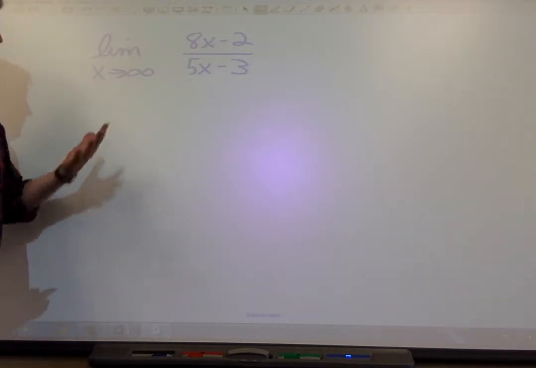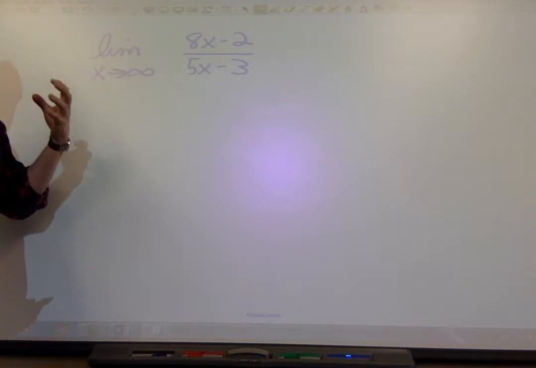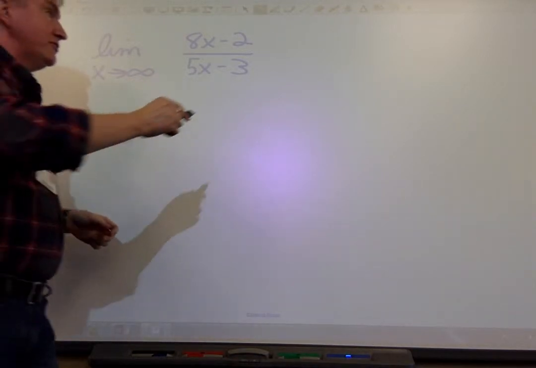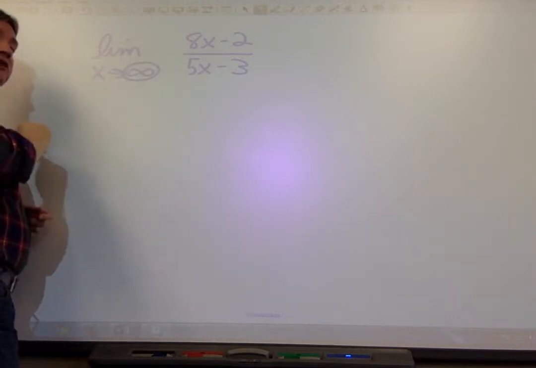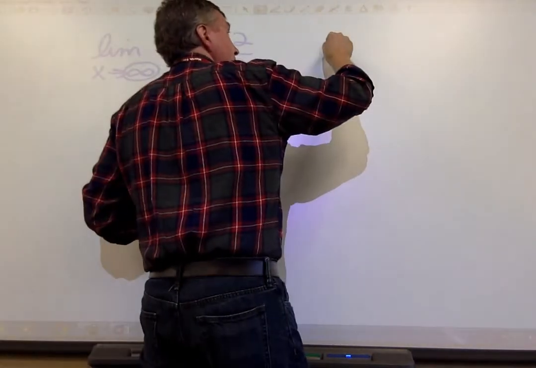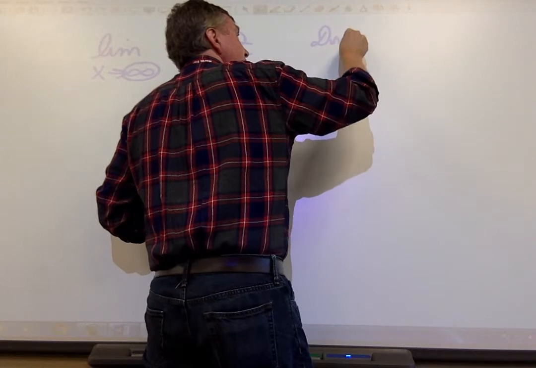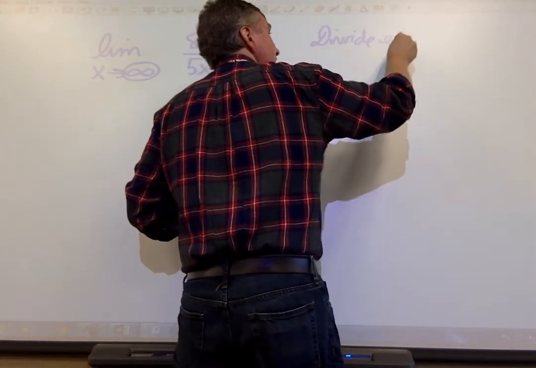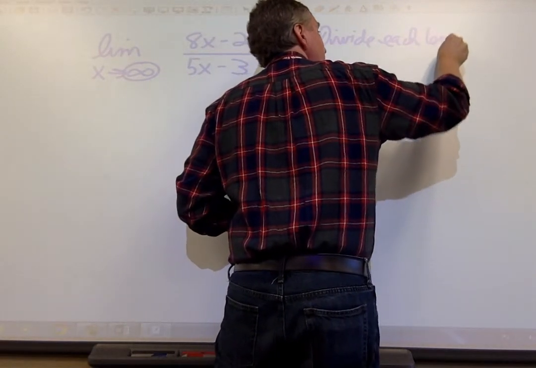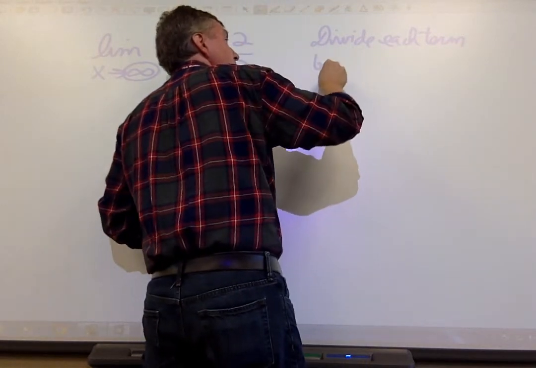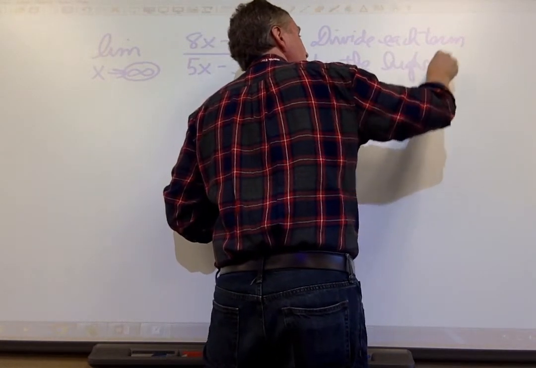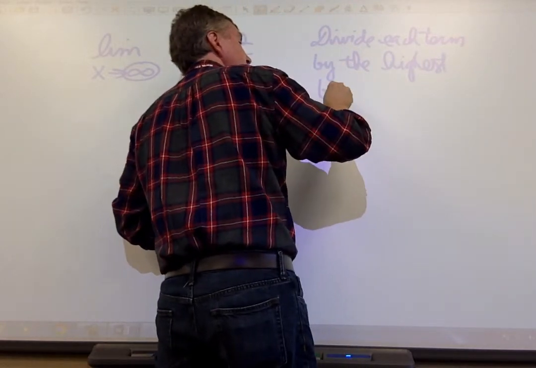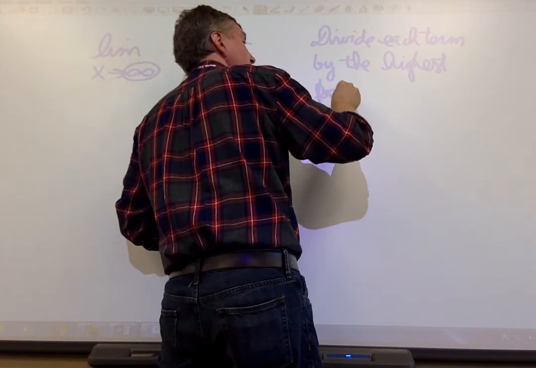But you know how we could get there without actually just having to reason? Here's the rule I'm going to use. If you have one of these limits that go to infinity or negative infinity, here's the rule I'll give you. Divide each term by the highest power of x in the denominator.